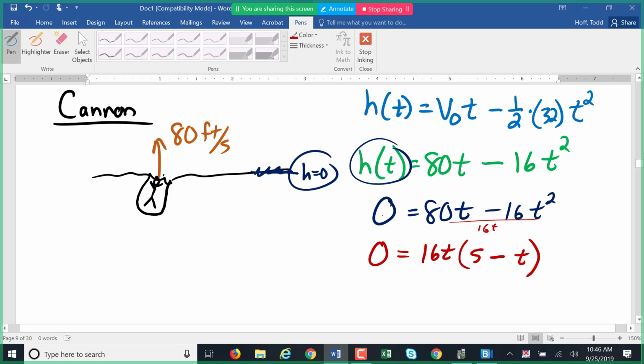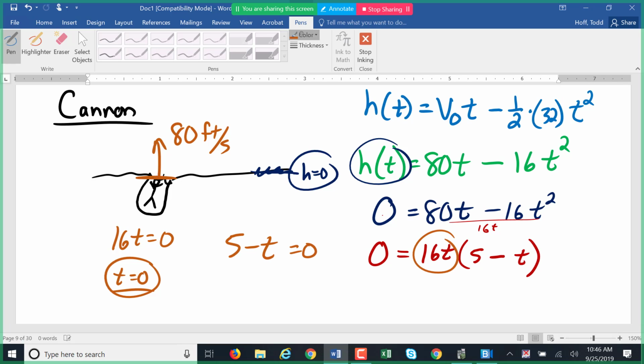So for these two factors, 16t equals 0 when t equals 0. Now that makes sense. I'm at the ground at 0 seconds. That's the moment the cannon is fired, I am at the ground. But that's not the one we're looking for. So the other one, 5 minus t equals 0.